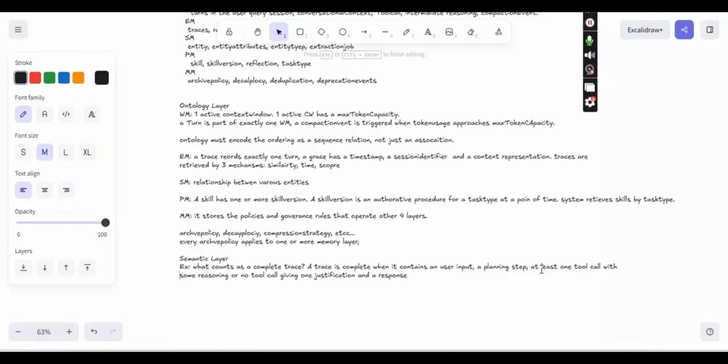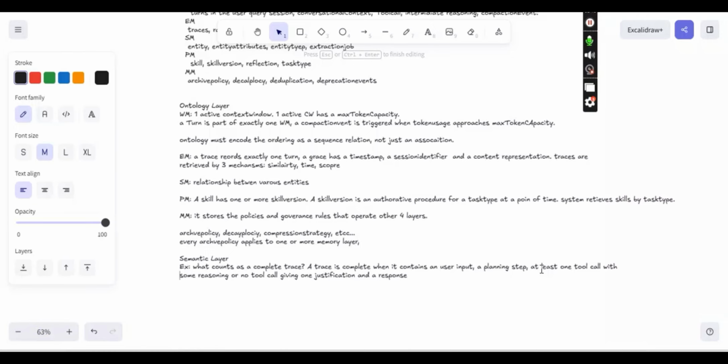Incomplete traces are flagged, not discarded, because even failed episodes carry information for reflection, since it will say why this failed. Similarly, what is the definition of a skill? A skill is a reusable procedure that has been extracted from at least two independent episodic traces performing the same task type.